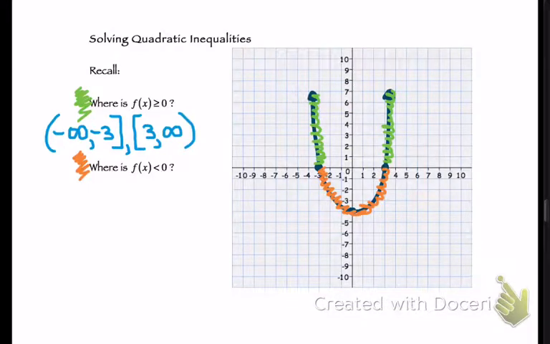I'm using brackets because it's greater than or equal to 0. So then how do I do where it's less than 0? Think x values, all parentheses because it's strictly less than 0. It looks like that would be my answer. We've done that already. That's what we did in chapter 2. So hopefully that was a good refresher because now I'm going to build on that.